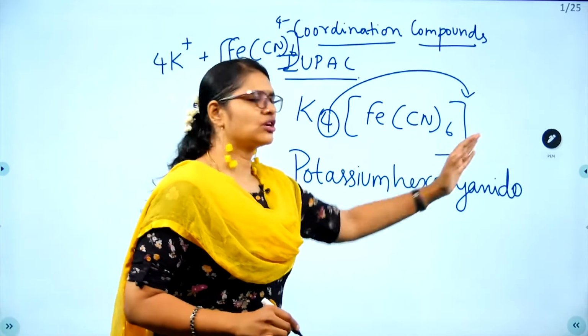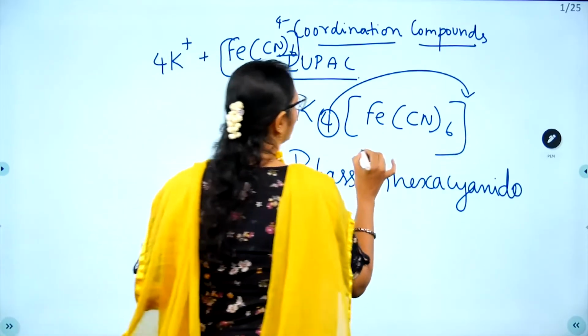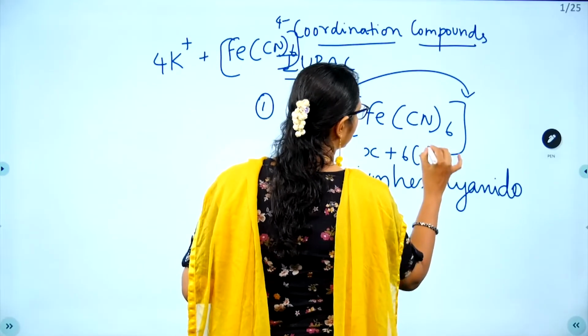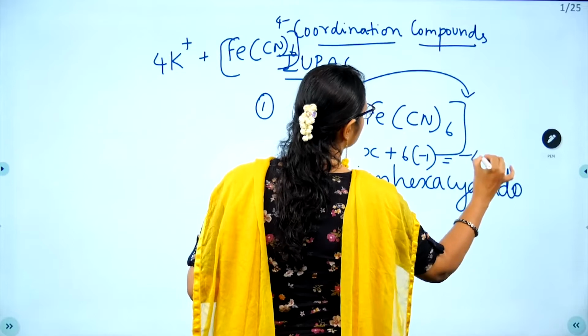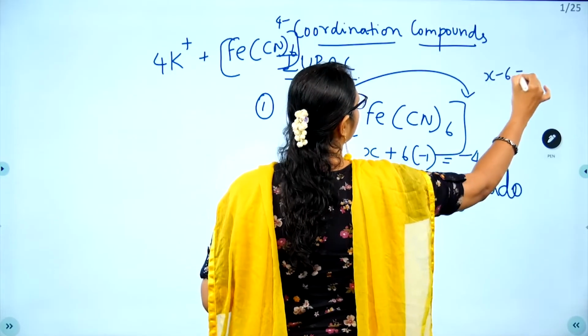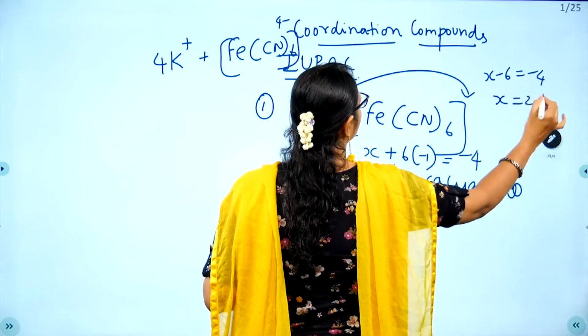So the charge on the complex is 4 minus. Now let us find the oxidation state. X plus 6 into -1 equals -4. So X minus 6 is equal to -4, and X is equal to 2.